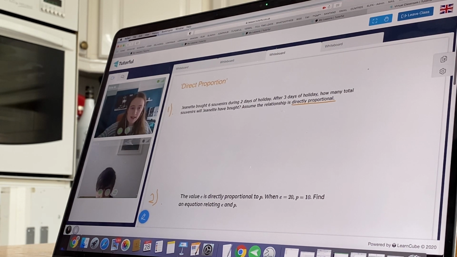And what it means is we can write things. I'll just show you an example of how to do it first and just try and follow along. This question tells us that the relationship between souvenirs and days of holiday are directly proportional. You might have seen this before, you might not.